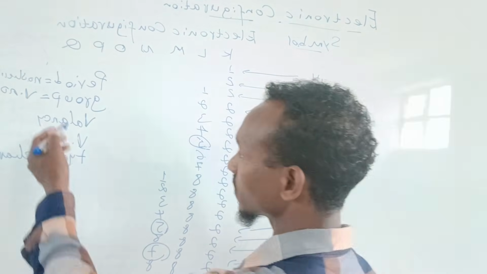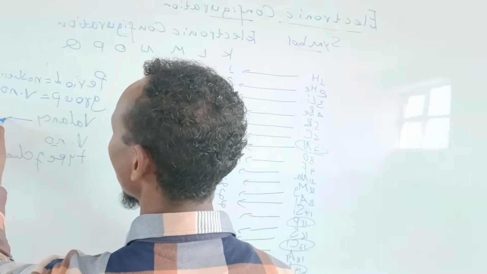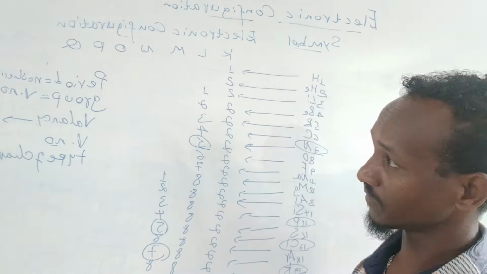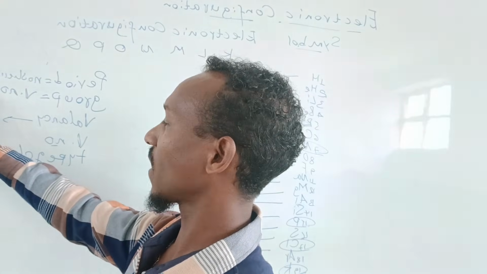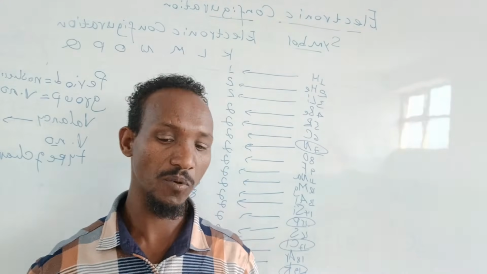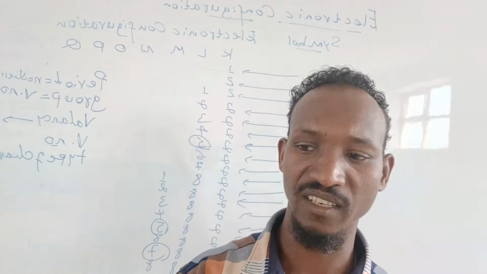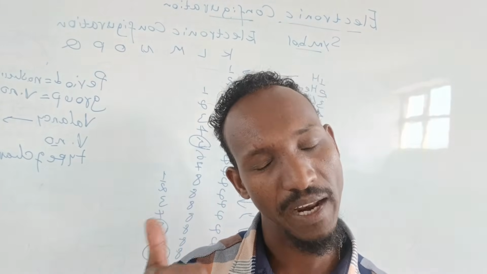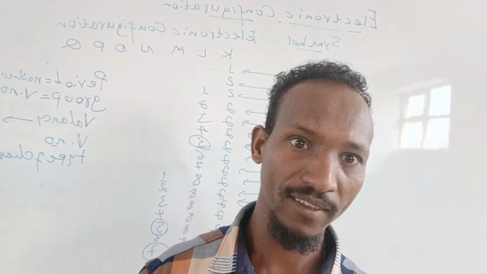What about the valence of these elements? The valence of nitrogen. Nitrogen is found in period 2 and group 5. When the outermost number of electrons of an element is 5, 6, or 7, its valence becomes anion, or negatively charged particles.